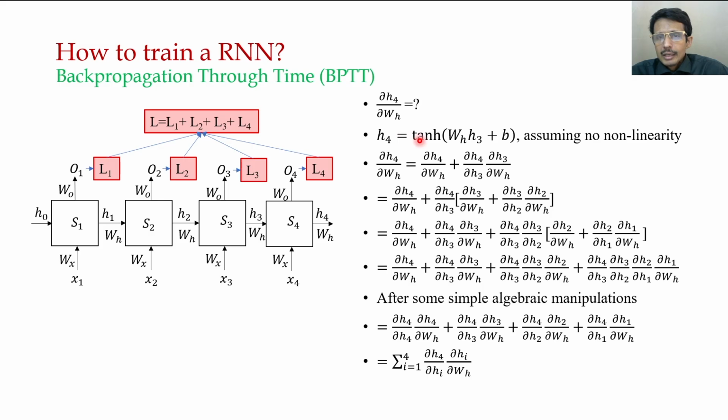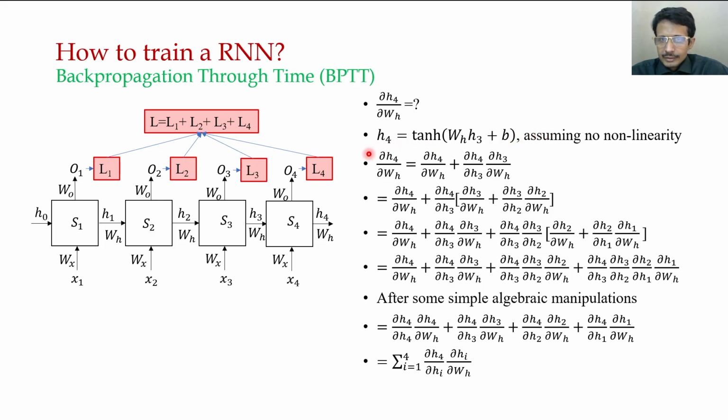H4 is basically tanh of WH times H3 plus WB, plus there is another term, Wx into X4. But since we are going to differentiate with respect to WH, this is a constant, so it doesn't matter much here.